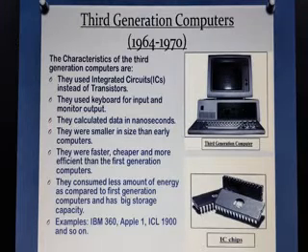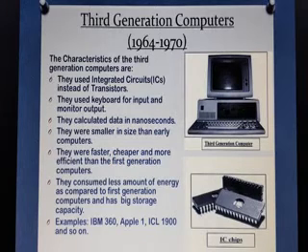We have already seen in the first generation that they calculated data in milliseconds. The second generation computers calculated data in microseconds, and now in the third generation of computers the calculation was much quicker and faster than the previous generations. So now they calculated data in nanoseconds.